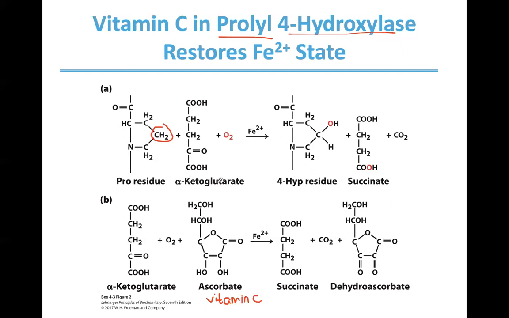ketoglutarate. But there's also a second cycle of the enzyme, which utilizes alpha-ketoglutarate, molecular oxygen, and ascorbate. What happens here is that if it wasn't for the ascorbate, then the iron 2+, remember iron goes back and forth from iron 2+ to iron 3+.